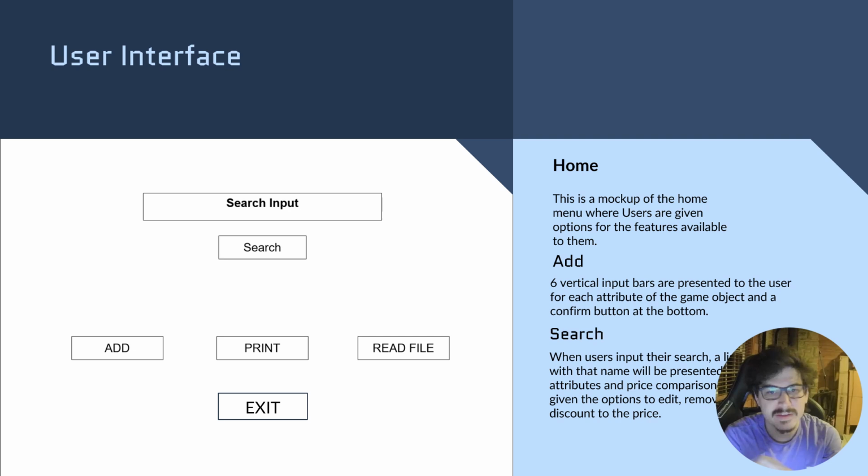That'll open up the options for edit, remove, and then add a discount. It'll also display all the information of the game that you were searching for. So the developer, the game name, and so on, the current price, past price, the difference between them.